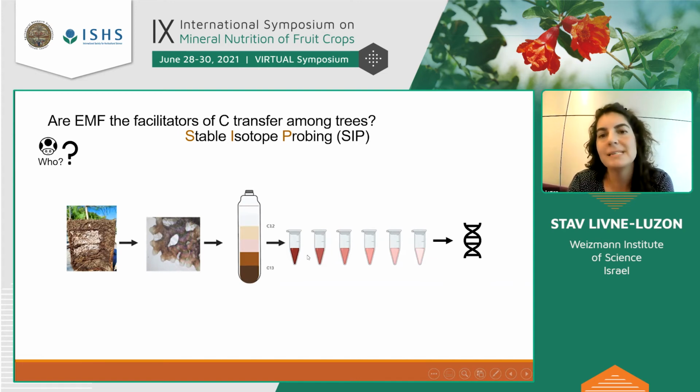And then we sequence each one of these fractions separately. So the species that we find in the C13 fractions are the ones that incorporated C13 into their DNA and were actually active during carbon transfer.